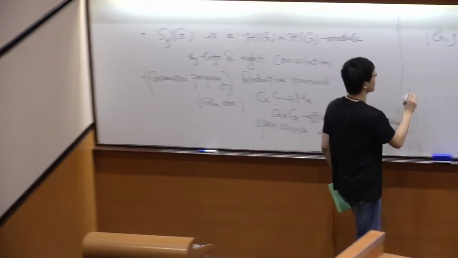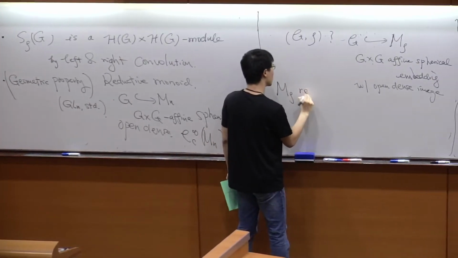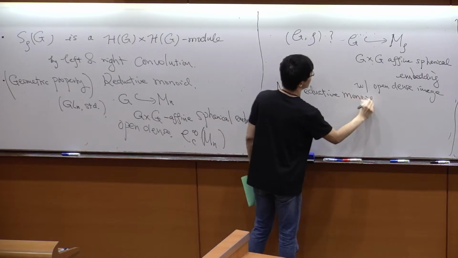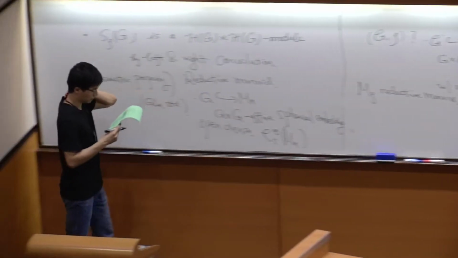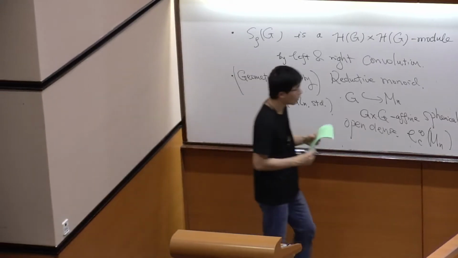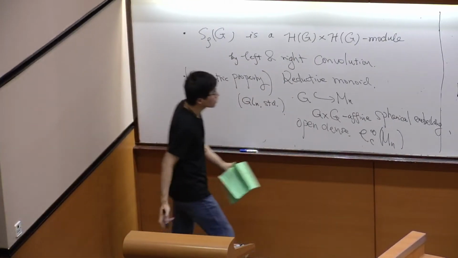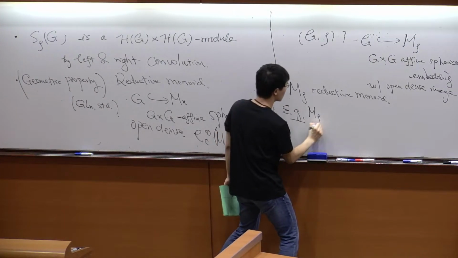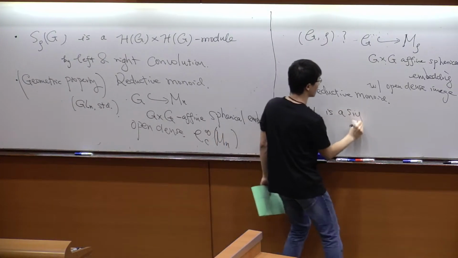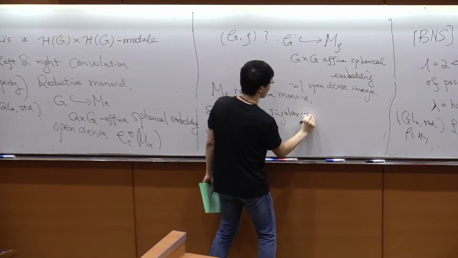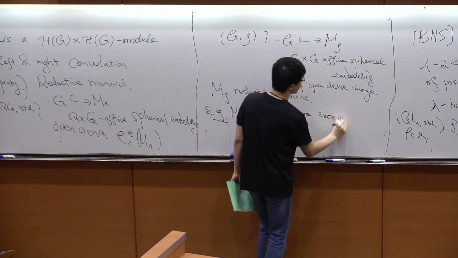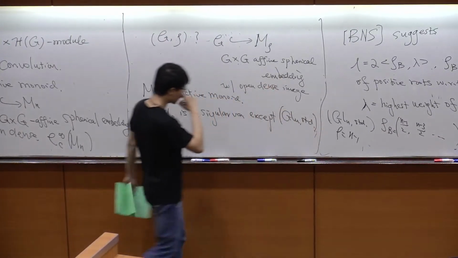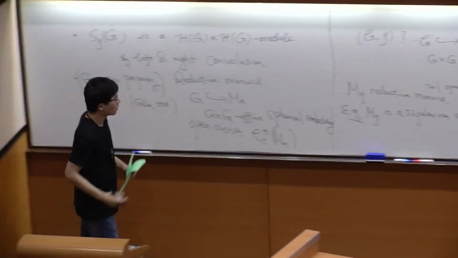Here M rho is a reductive monoid. And here, as Lei just mentioned, in almost all cases, M rho is a singular variety, except the standard case, up to finitely many copies, of course.